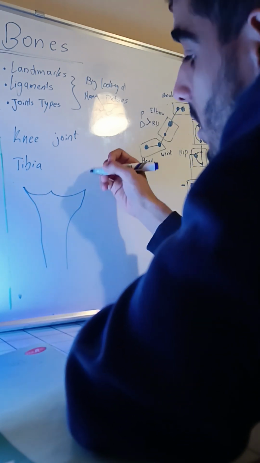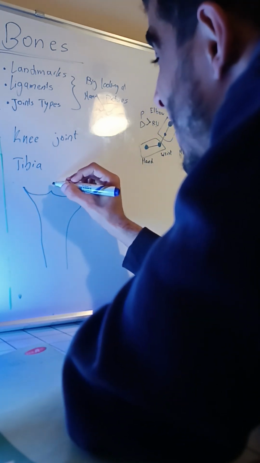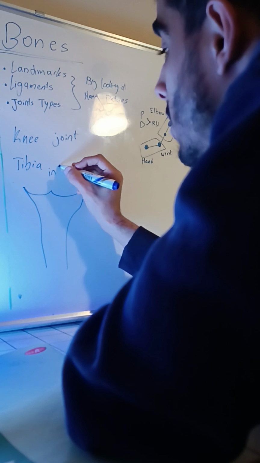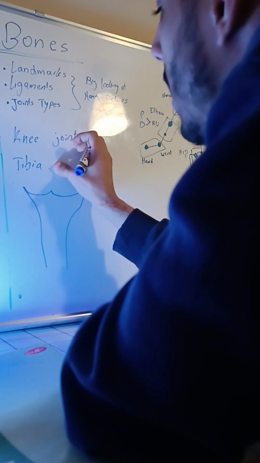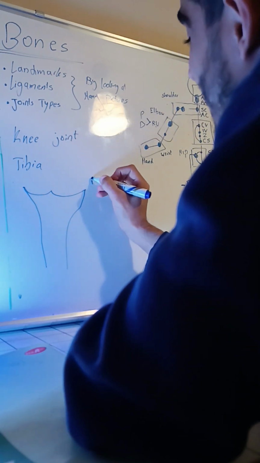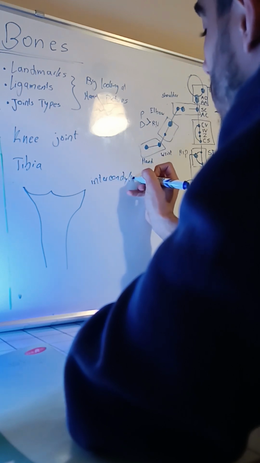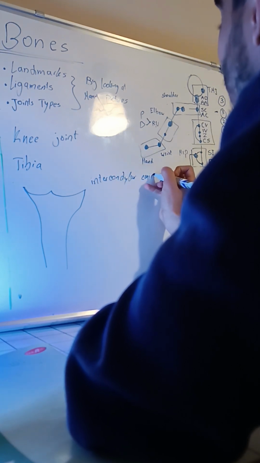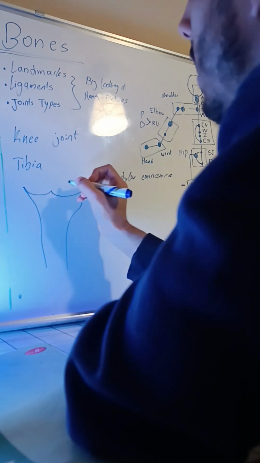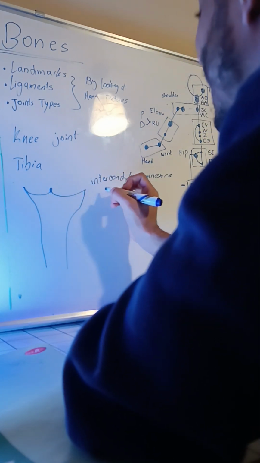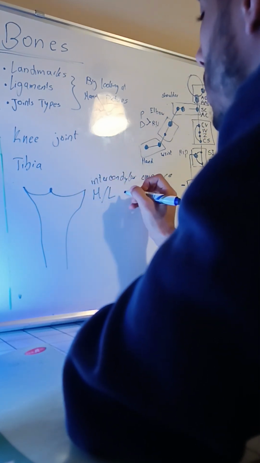this is the proximal part. So we have here intercondylar eminence. This is the intercondylar eminence, and then we have the medial and lateral condyle.